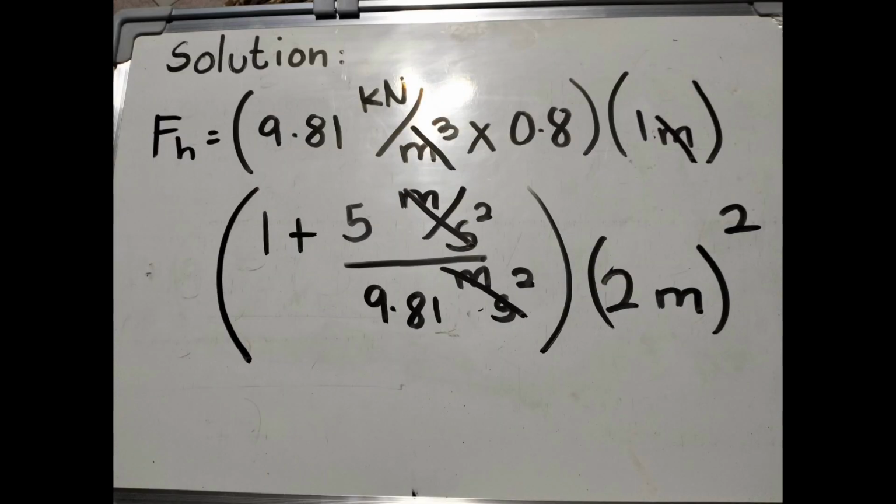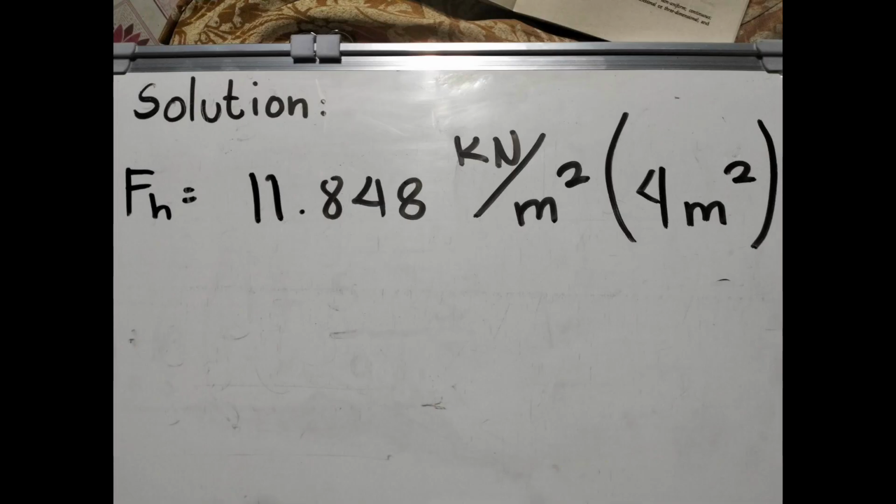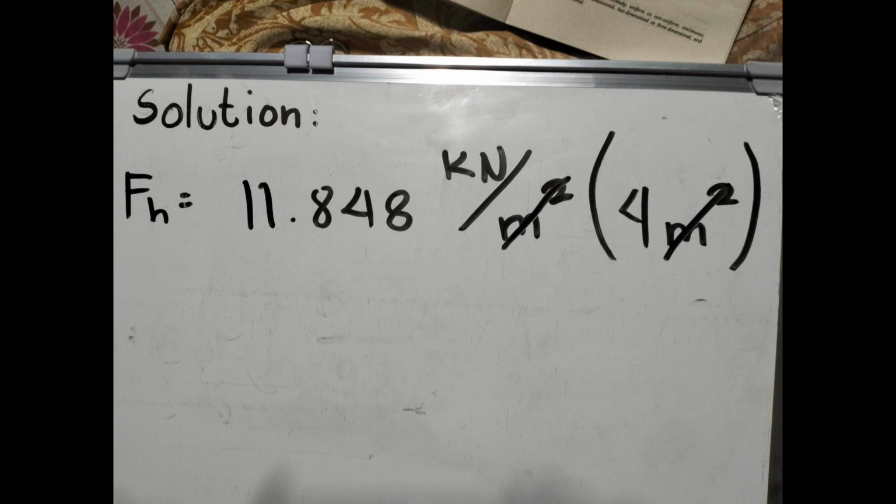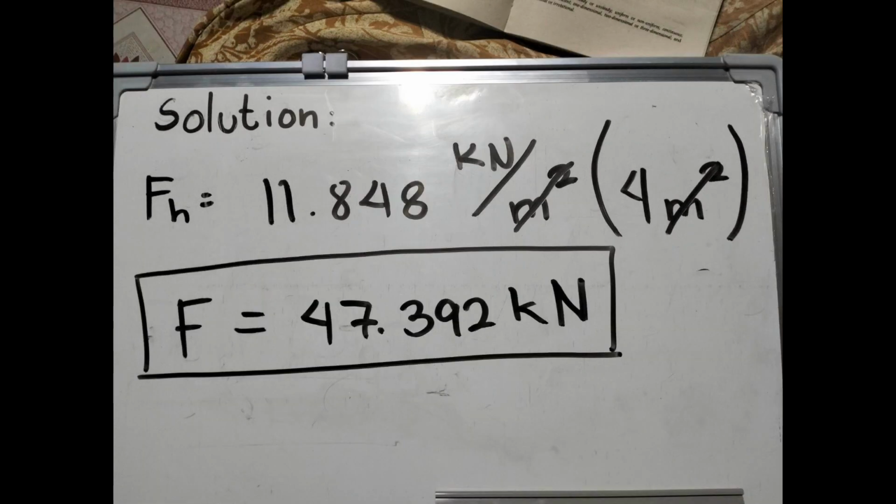We cancel the meter per second squared unit and meter unit, giving us 11.848 kilonewton per square meter multiplied by 4 square meter. We're gonna cancel out the square meter unit, leaving us with a final answer of 47.392 kilonewton.